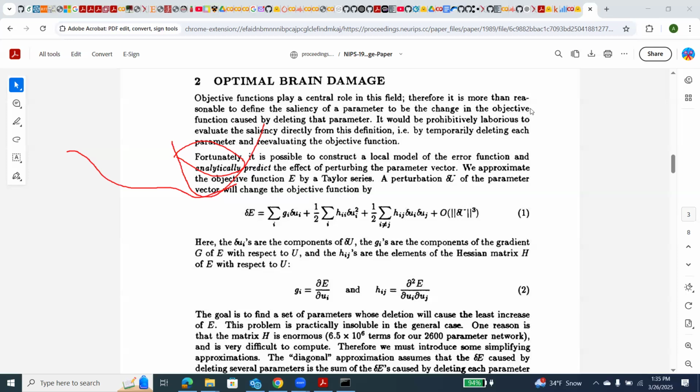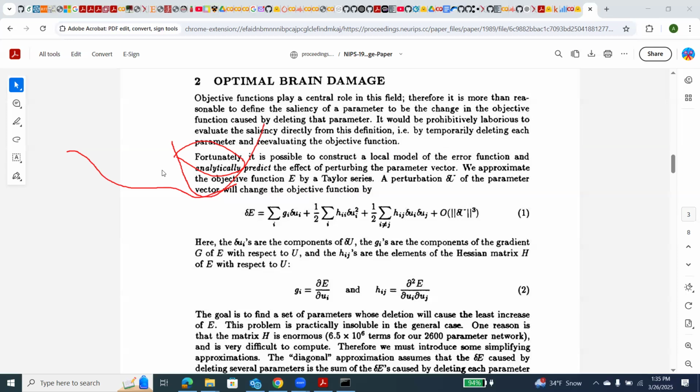So which neurons can we actually remove from our brain, from the neural network? Let's try to remove some neurons such that the resulting loss function is very close to this parabola.